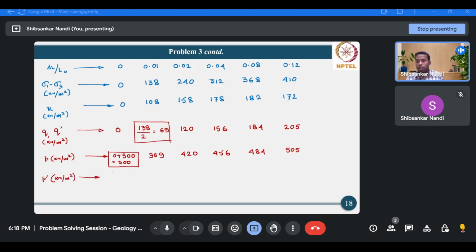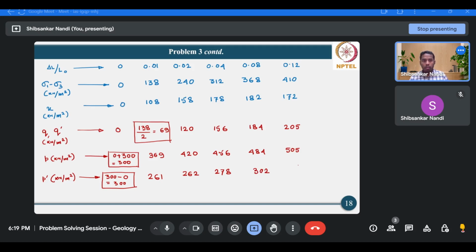Now coming to P prime, this is P minus u. 300 minus 0 is 300. Then 369 minus 108, that is 261. 420 minus 158, 262. 456 minus 178, 278. 484 minus 182, 302.